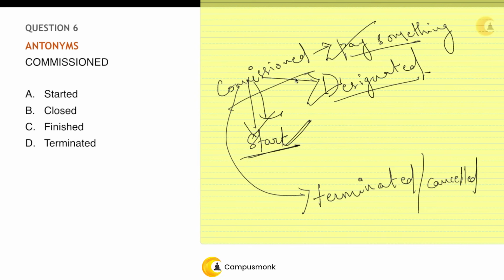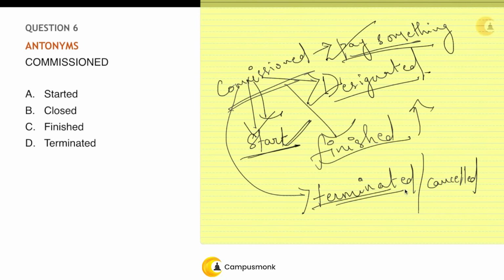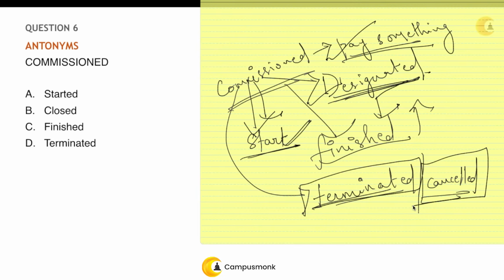A commissioned work is either finished, because they have paid you and you complete it, or else they take back the payment and the work is terminated or cancelled. Or else you are designated, you start your work, after your retirement you're finished with that, and then you are terminated or that duty is cancelled.